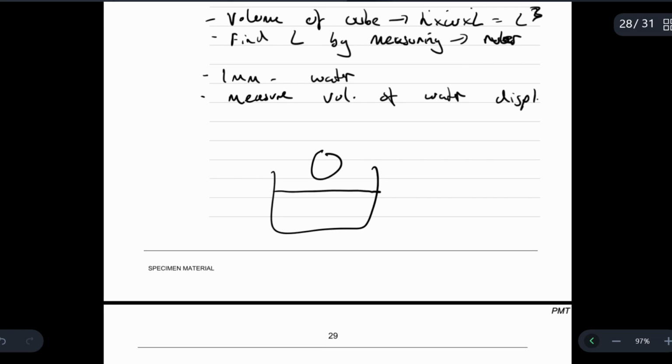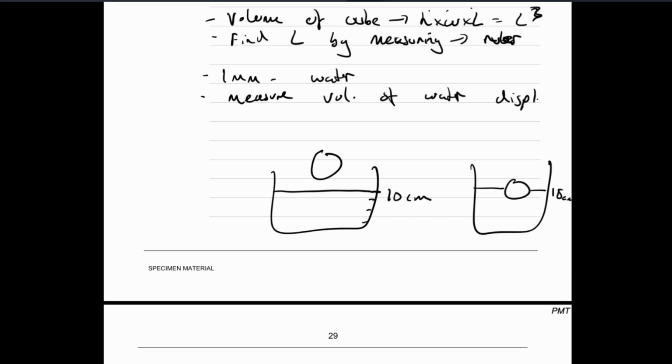Initially the volume of water, let's say, is up to here, so 10 centimeters. So you're going to have markings along the side. And then when you put your ball in, your ball floats at the top, and the water level rises by 5, to 15 centimeters.